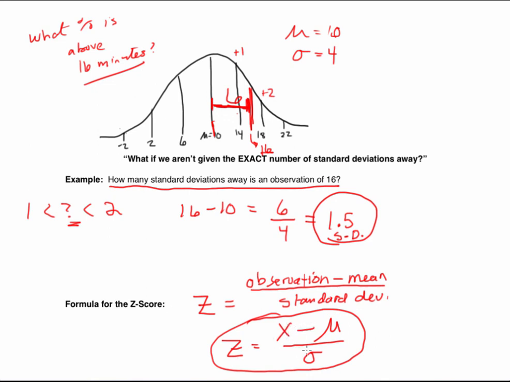Once we figure out how many standard deviations we are away, we can look at what's called a z-score chart.